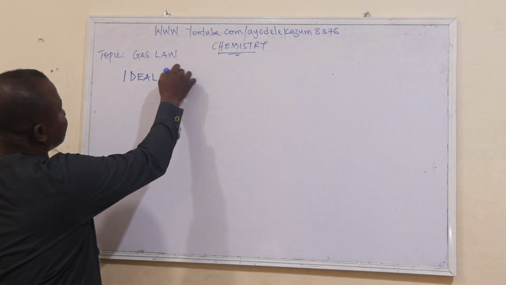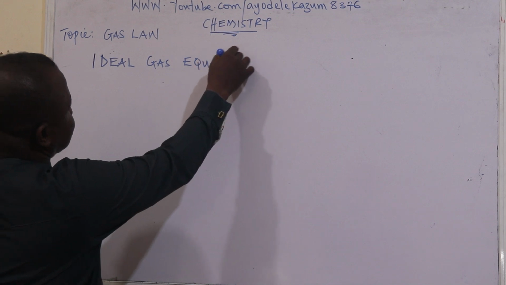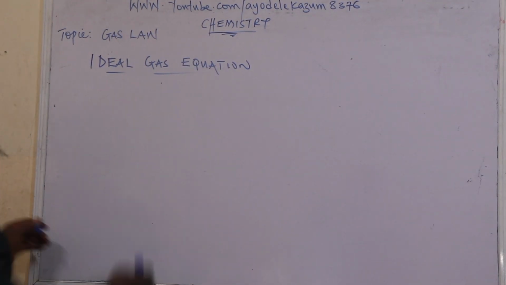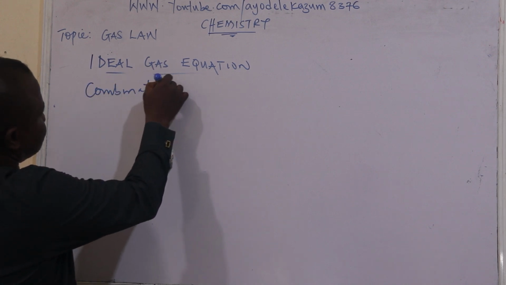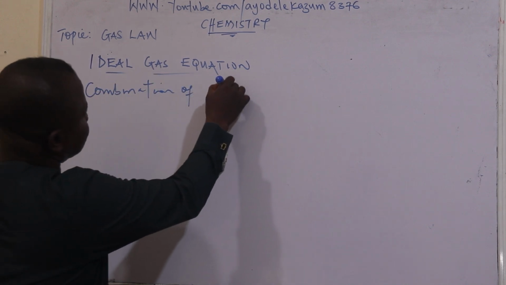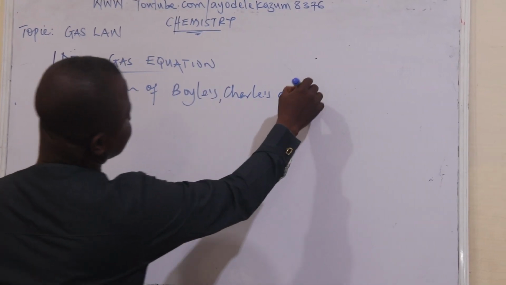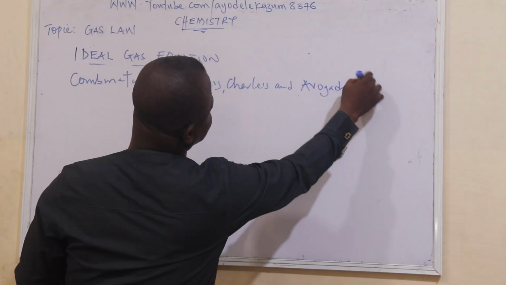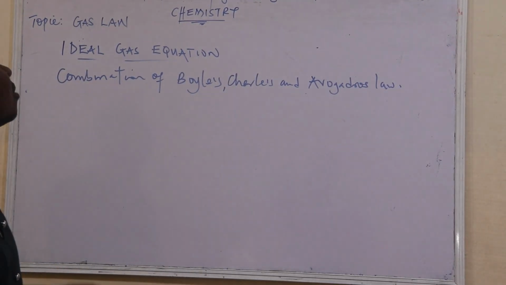The ideal gas equation is the combination of Boyle's, Charles's, and Avogadro's law.